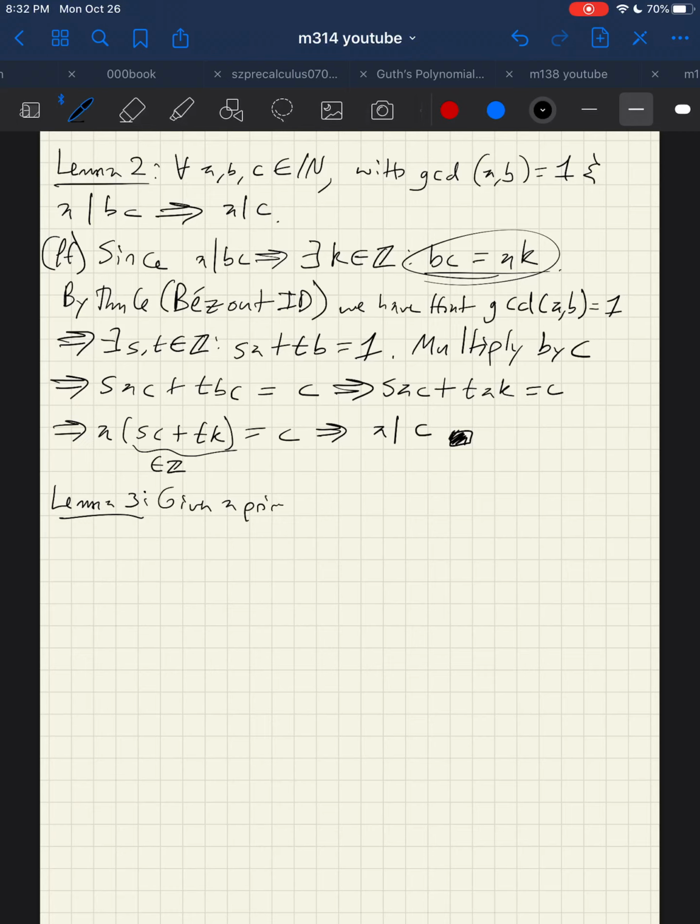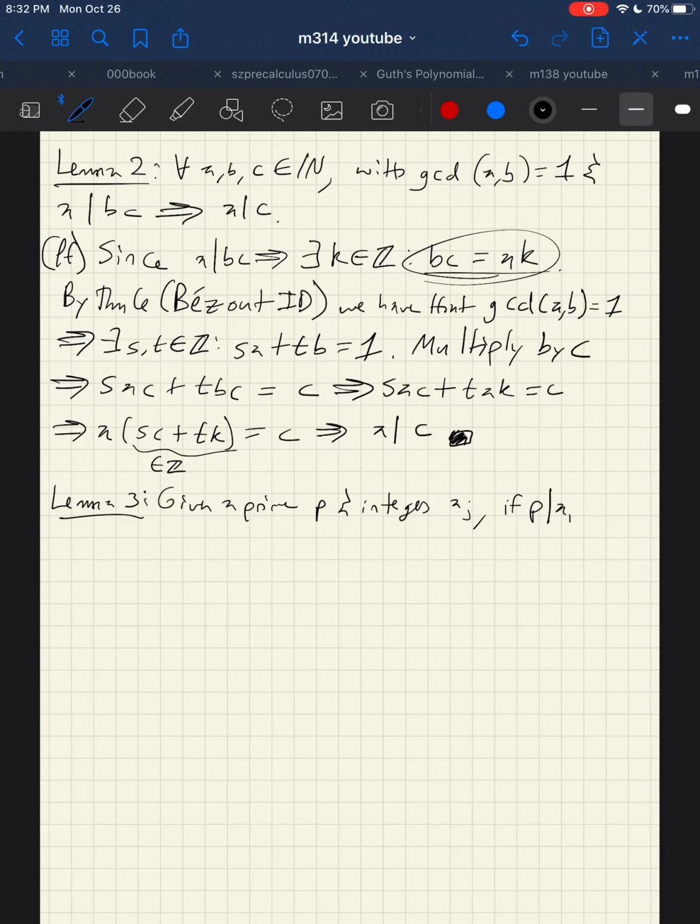So given a prime p, so this is a prime number, and integers a_j, where j is some index, so I've got a1, a2, a3, etc. up to, say, an, and a_j is just a generic name for all the integers.